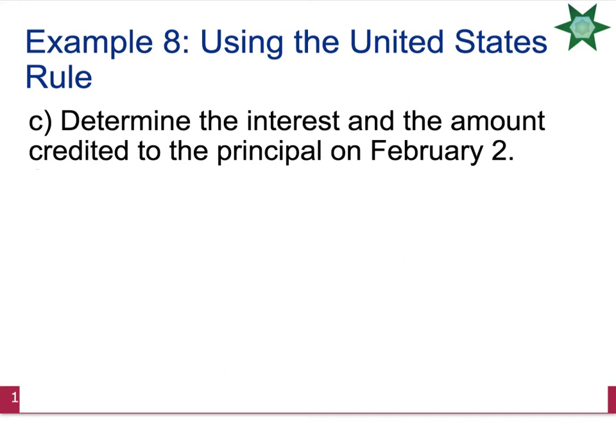Okay, let's take it a step further. Now we have to determine the interest and the amount credited to the principal on February 2nd. So keep in mind your principal is different now. It's now $259.03 because we made a partial payment. Okay, so we have to figure out how many days have happened between January 5th, when she made the last payment, to February 2nd. Remember, January 5th is day 5 of the year.